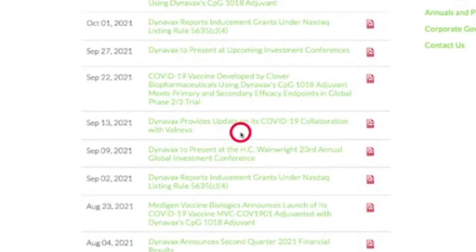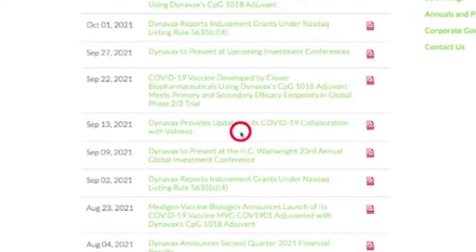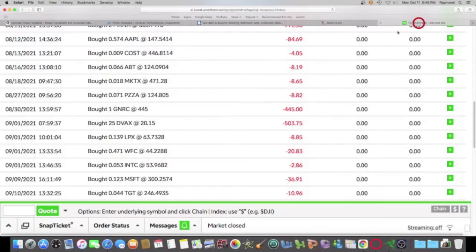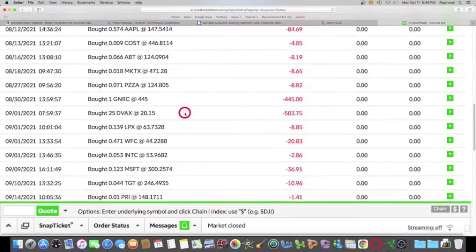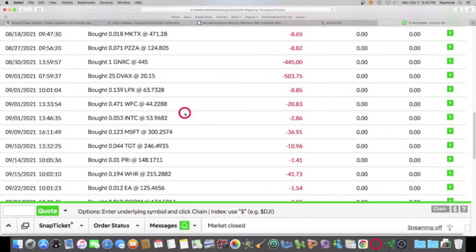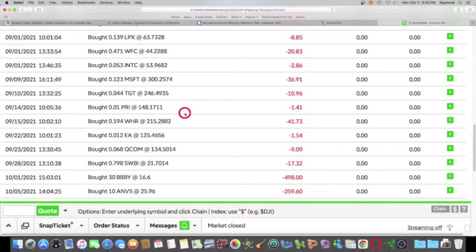So if you're interested in this stock, come and check out the website and make your own choice if you would like to invest. The next stock that I bought, and I know you guys have probably heard of this one. Where is it?